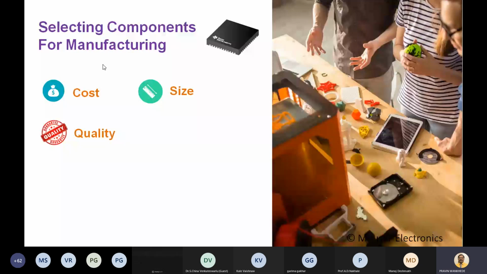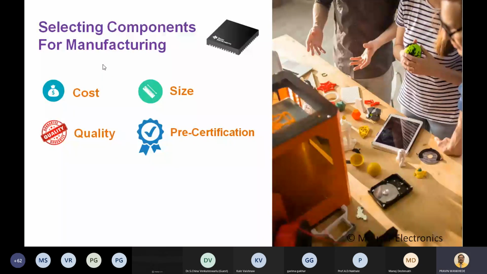Then using pre-certified components will also help us, especially in the case of RF connectivity in IoT products, because certification is very costly and a time-consuming process, and therefore it may increase the cost of your final product.